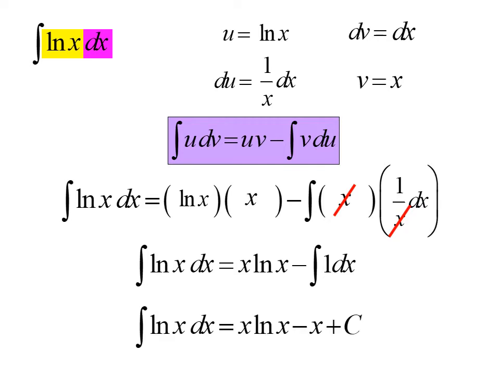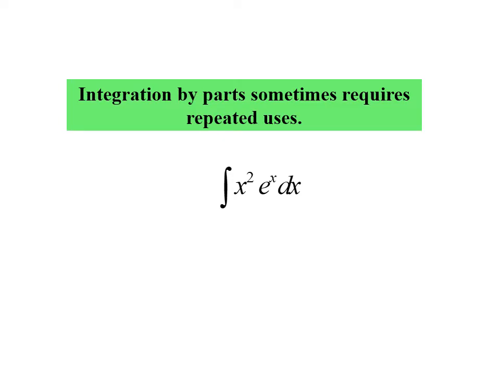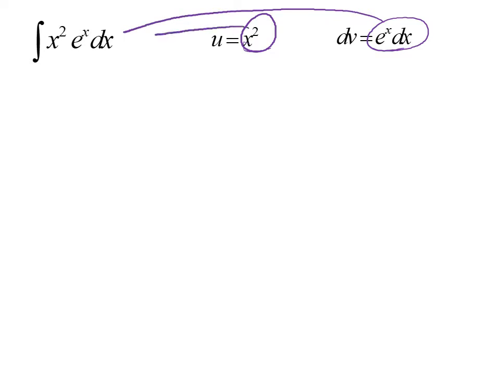And there's our answer. As promised, I'm going to show you what happens when that first process doesn't exactly work like the examples I've shown you. We're going to start by choosing u to be the x squared, dv to be e to the x dx. Notice again how everything that we have here together is what we have beside the integral sign. That has to be the case.